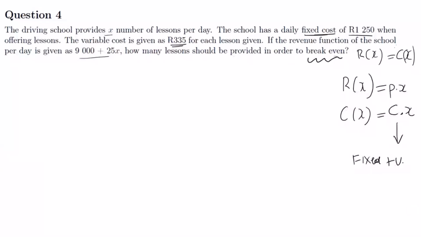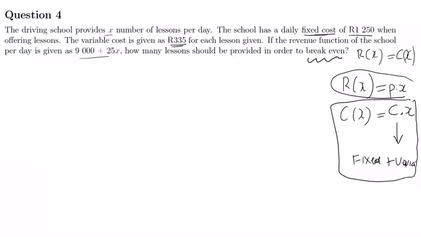So that's what you know about these things. These are the critical concepts that you know. So you said, okay, fine. What am I given? I'm given a fixed cost and a variable cost.